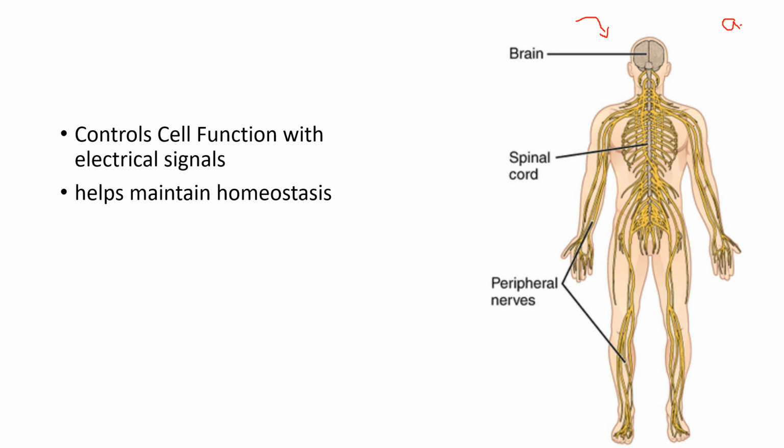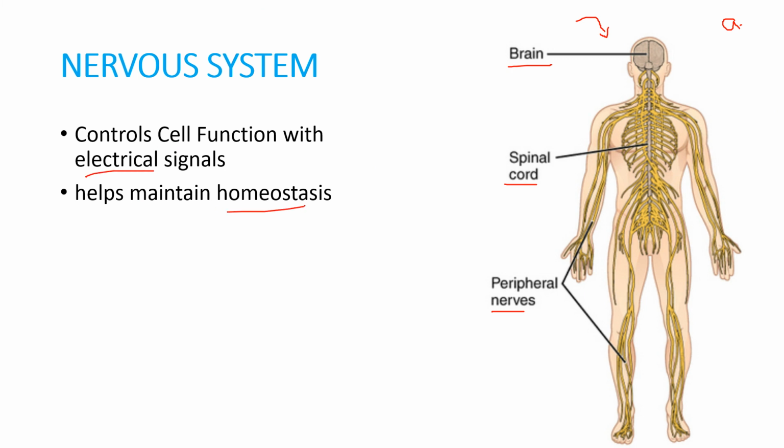Anytime you see yellow on a model, that's representing the nervous system. That's going to include organs such as the brain, spinal cord, and peripheral nerves. The job of the nervous system is to control the body using electrical signals, helping maintain what's called homeostasis.